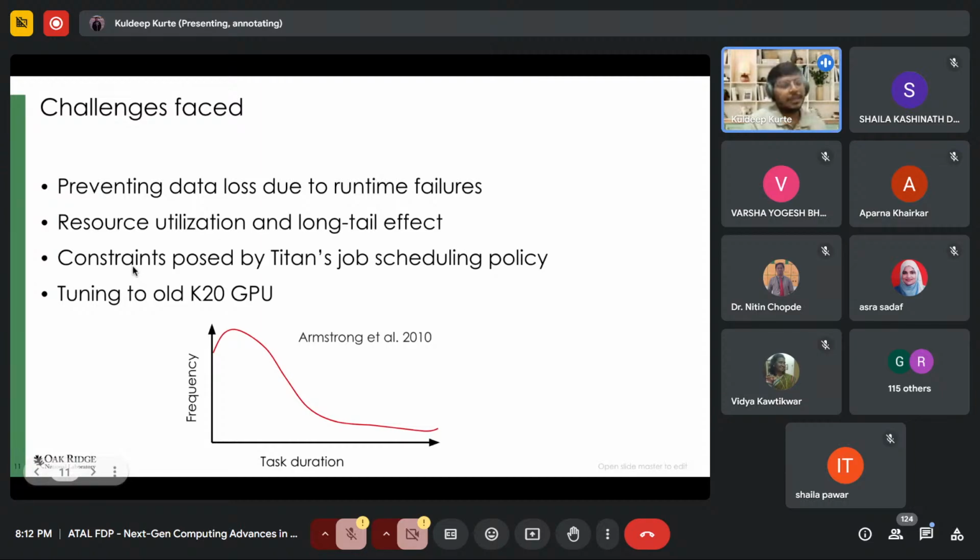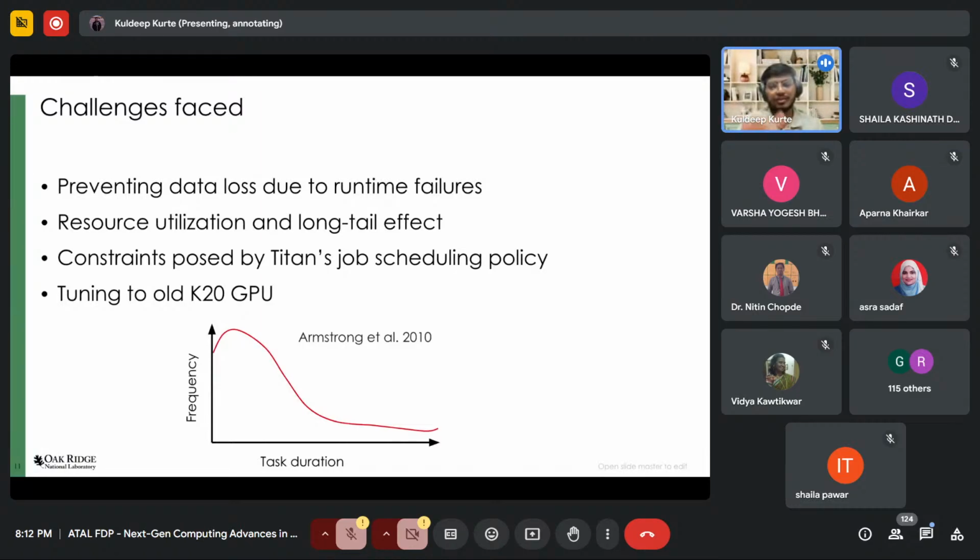But because of the shared nature, this supercomputer must give equal opportunity to all types of users. It should not be that a user has a requirement of only one node, while some other user may have a requirement of say 100 nodes, and the first user gets starved because of limited requirements.